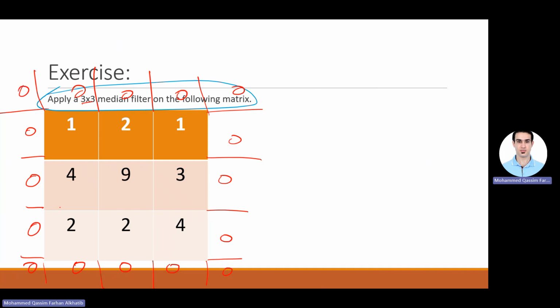Okay. Then start with a 3 by 3 window and do the sliding. So the output must be a 3 by 3 matrix. Let's see this value. This value is the result of applying the median filter in this 3 by 3 window.